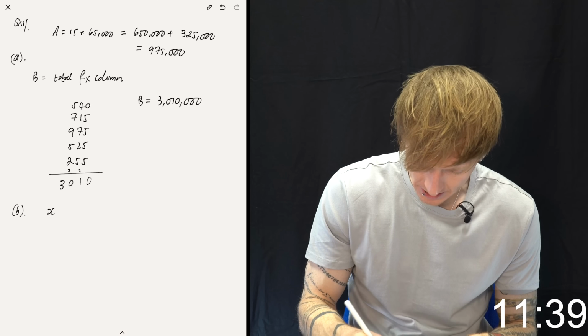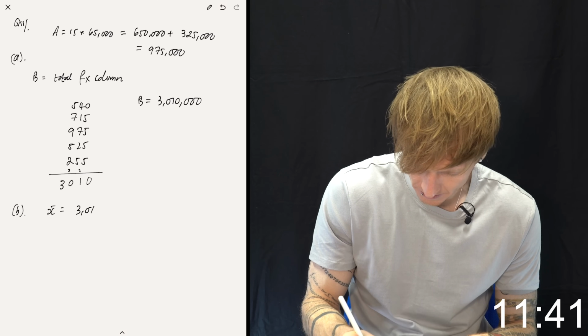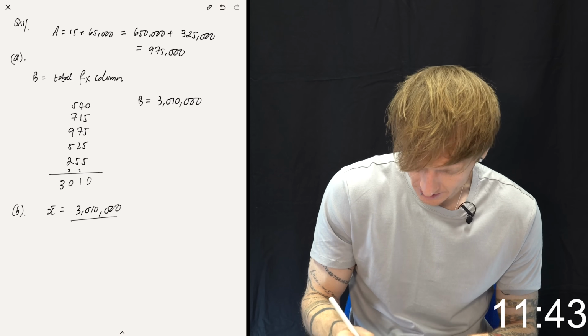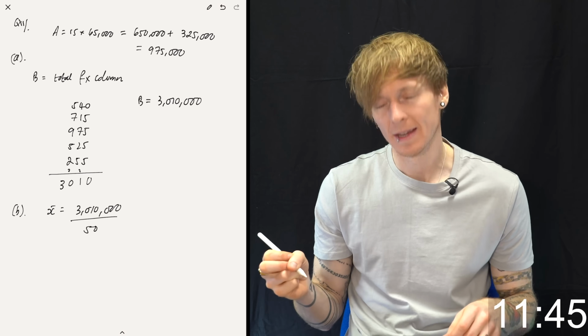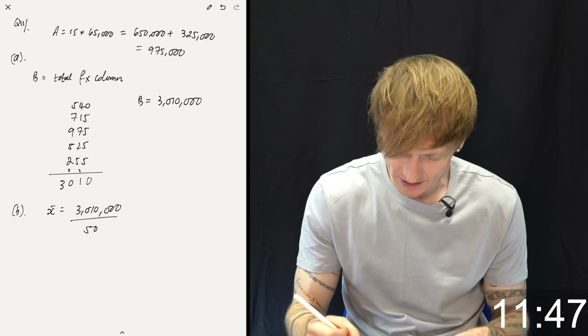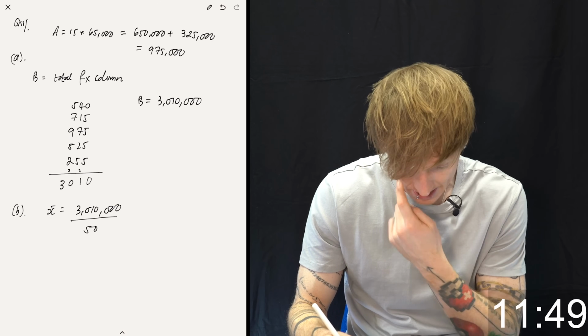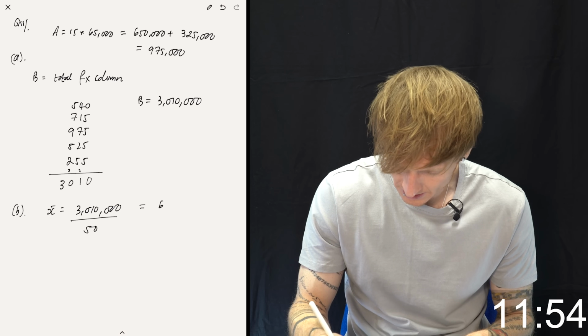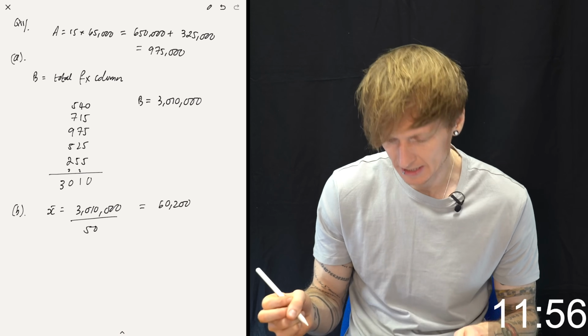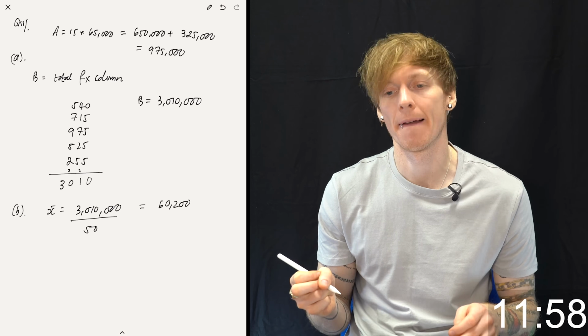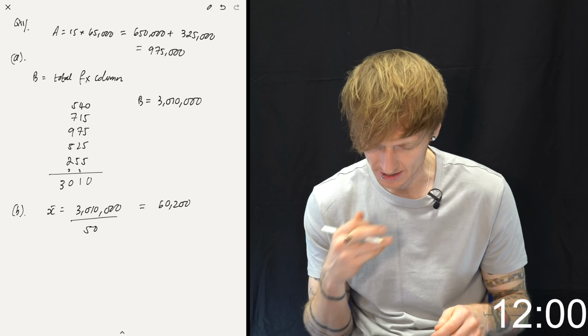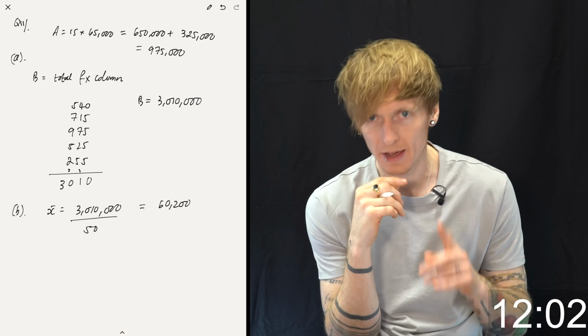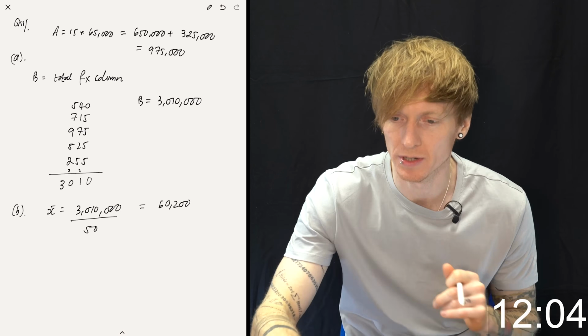So the mean x bar is 3,010,000 divided by 50. So that's like 60,000, and then there's that other 10. So it's like 60,000 and then 10,000 divided by 50. Is it 60,200? Would give me that additional 10,000, would it? Yes, I think it's 60,200.